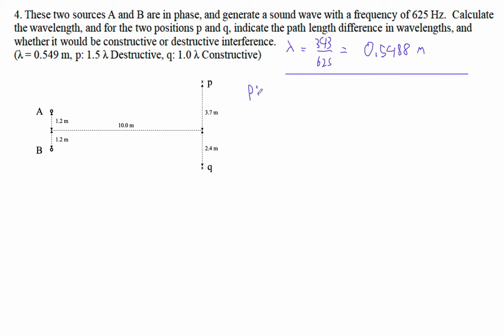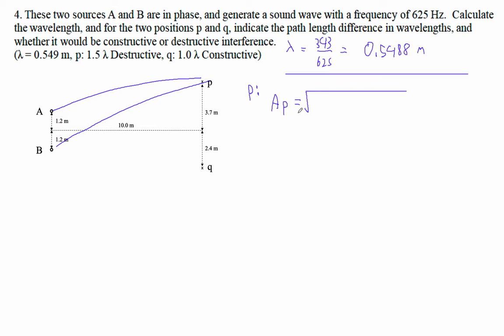okay, we got to figure out the distance A to P and B to P, right? So AP is equal to the square root. We've got to use the distance formula here.